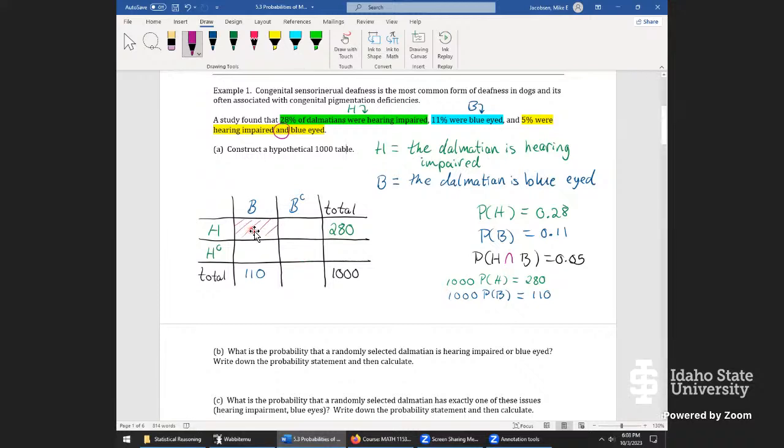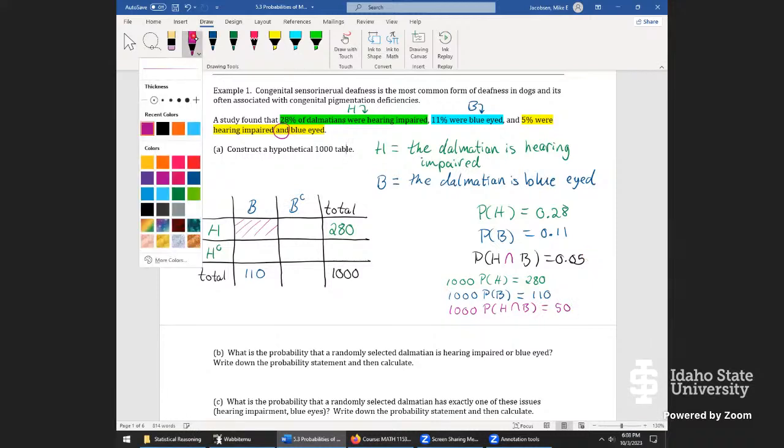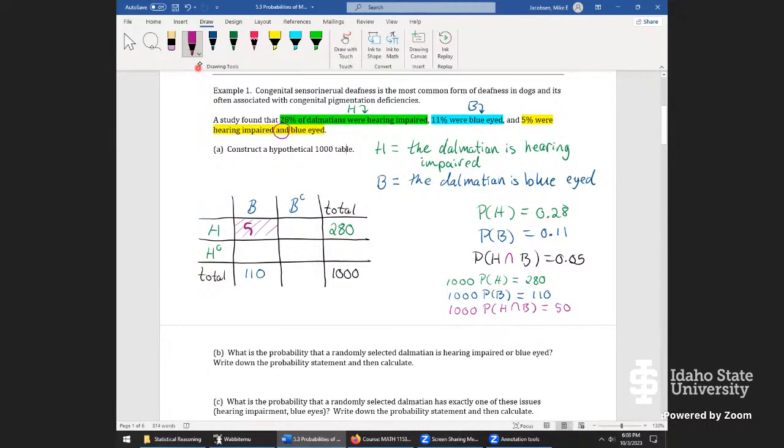That's because we have both hearing impaired and blue-eyed all at the same time. So if you read that as a literal and, we'll take 1,000 times probability H and B. 1,000 times 0.05 will give us 50 altogether. And that 50 goes right exactly here. Let's make that pop a little bit more.